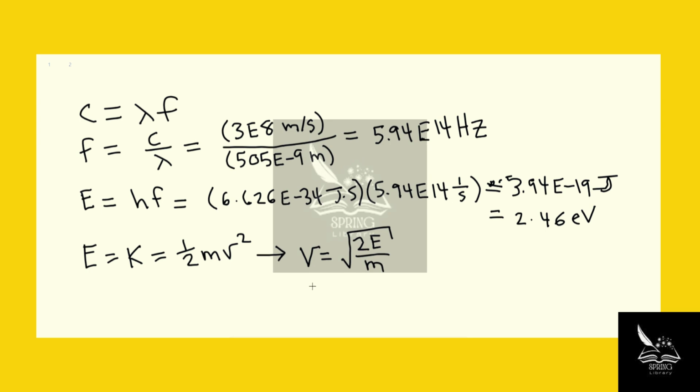Excellent. And crunching these numbers, we have the square root of 2 times 3.94 e to the negative 19 joules that we just found per photon, divided by this very tiny mass for the bacterium, which, as you recall, is 9.5 e to the negative 12 grams, which would be e to the negative 15 kilograms.